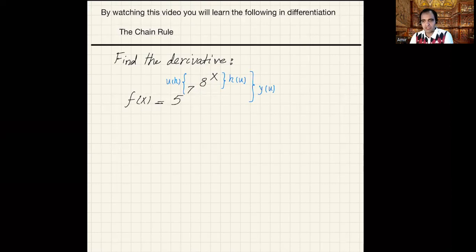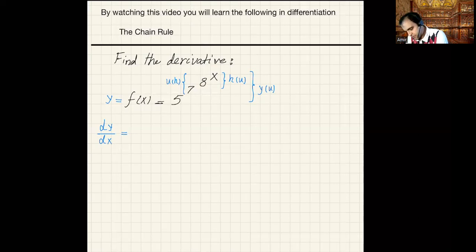So for the chain rule, we need to use the chain rule twice. It's going to be something like this. If we call this y, we need to find dy over dx.